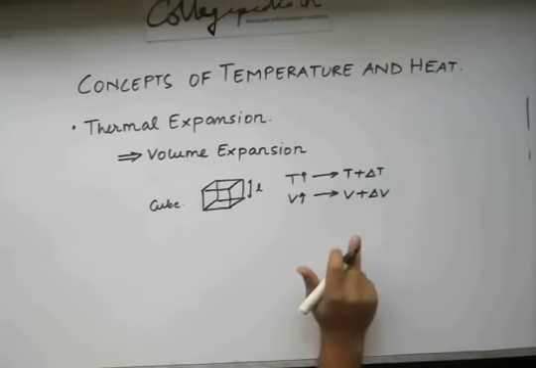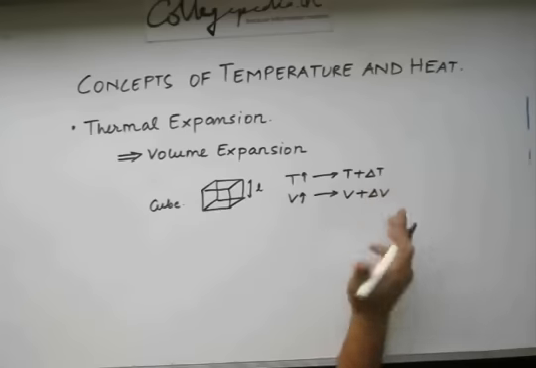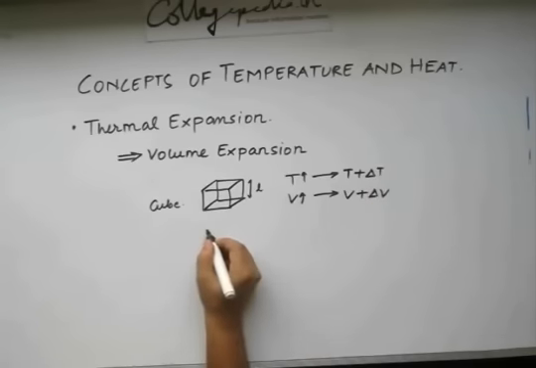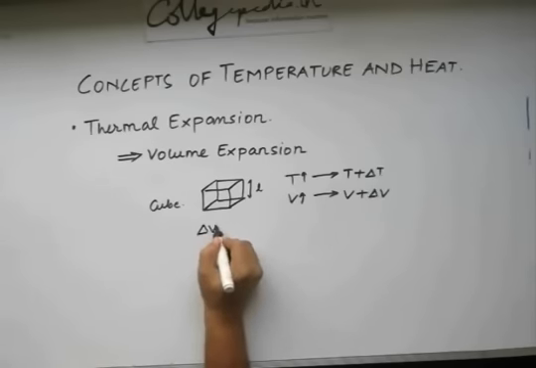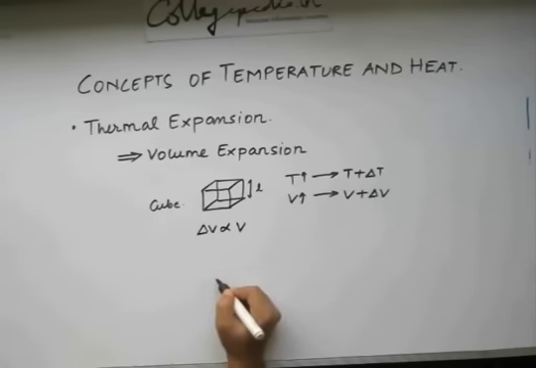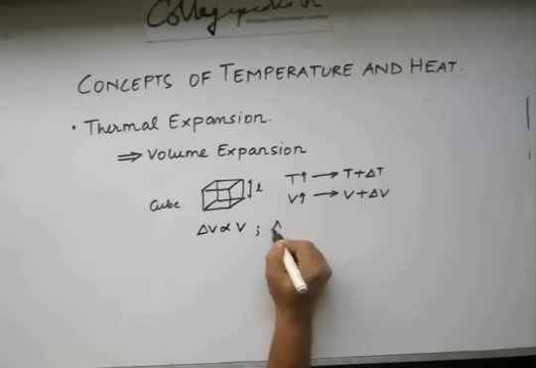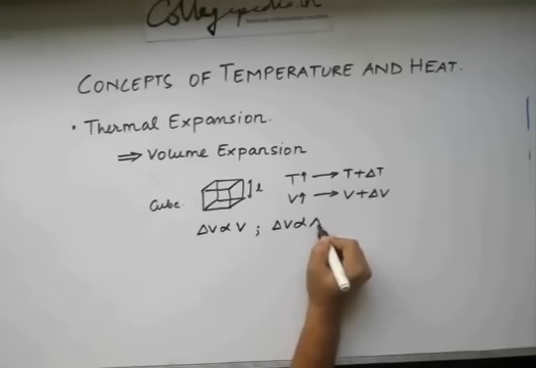Because of this change in temperature, we have a change in volume. This change in volume, similar to what we had earlier, will depend on the initial volume, and it will also depend on the temperature difference.